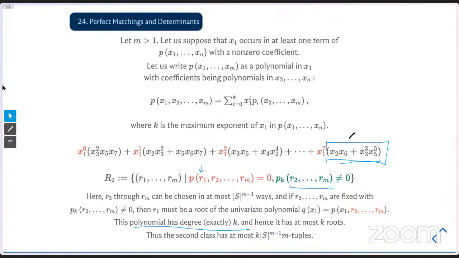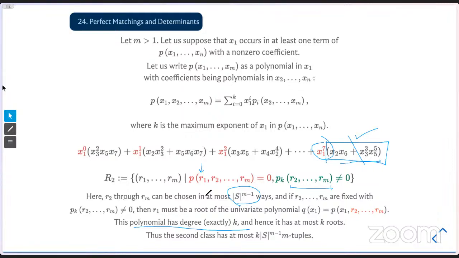So this term actually survives, and so we get x1 to the k and maybe some more terms after that. So this univariate polynomial that we are working with in x1 has degree k, and therefore it has at most k roots. So now each of these S to the M minus 1 things blows up only in k different directions, because R1 now has the responsibility of actually being a root of this polynomial.